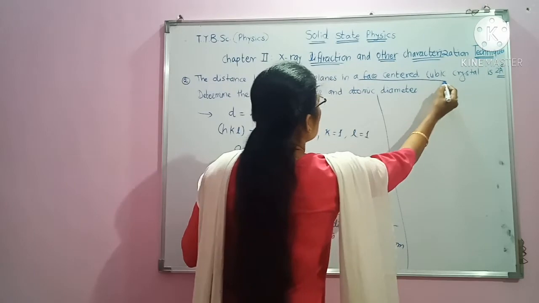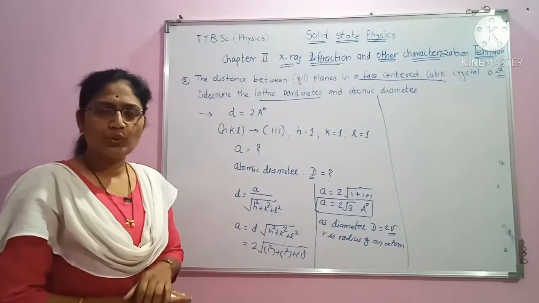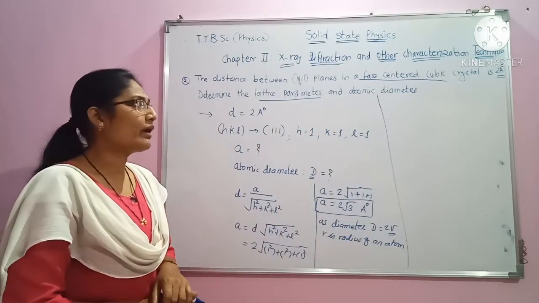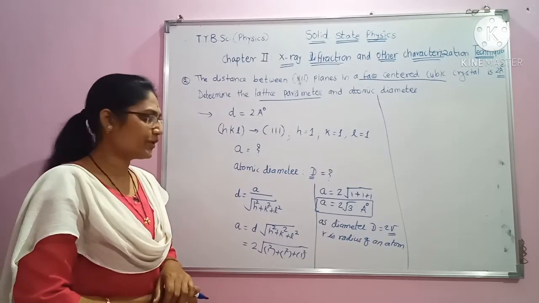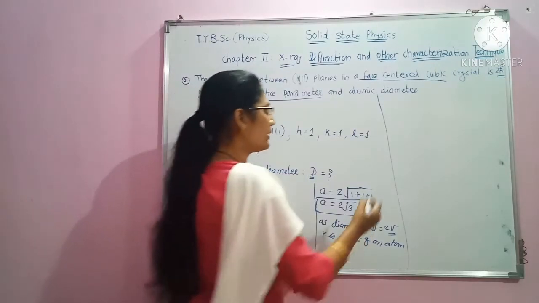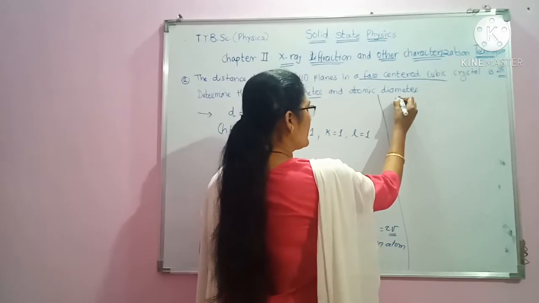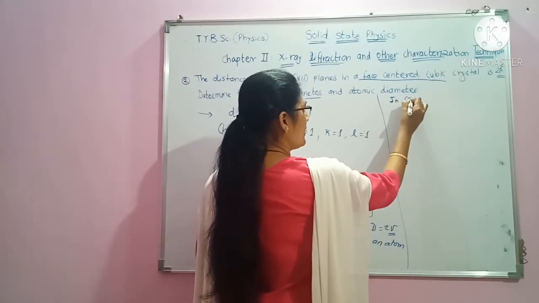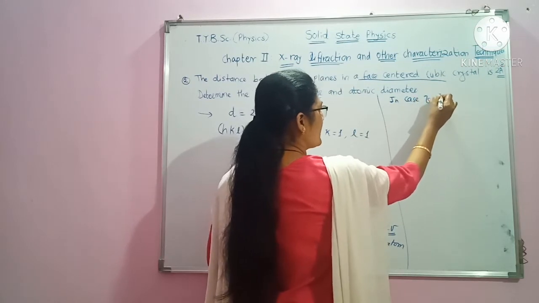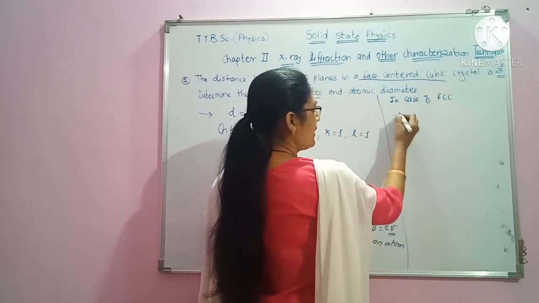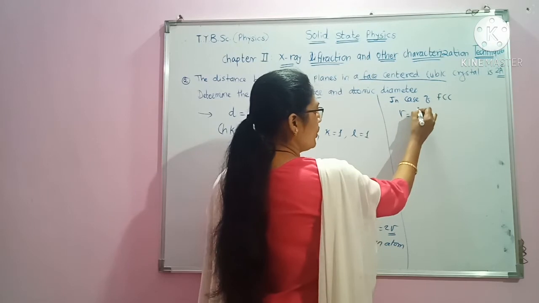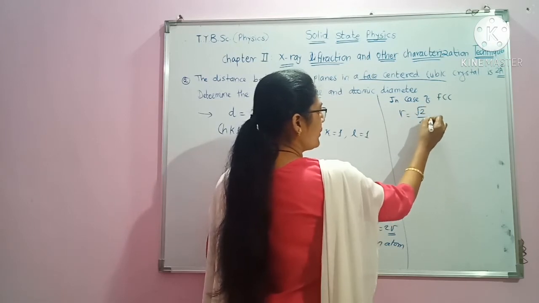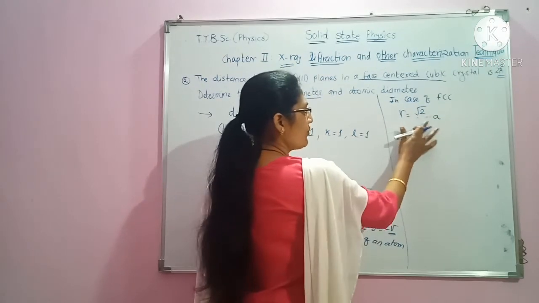The structure is given as face centered cubic. And we know the formula of radius for face centered cubic, so we will write that formula in case of FCC. In case of a face centered cubic crystal, R is given as root 2 upon 4 into A. What is the formula?